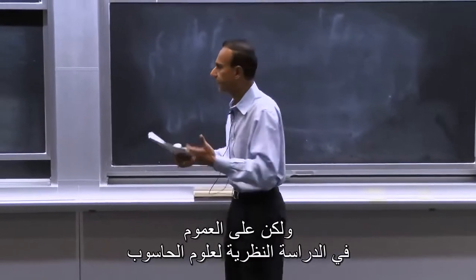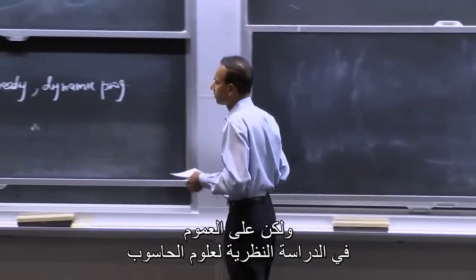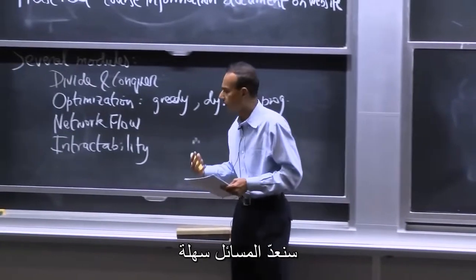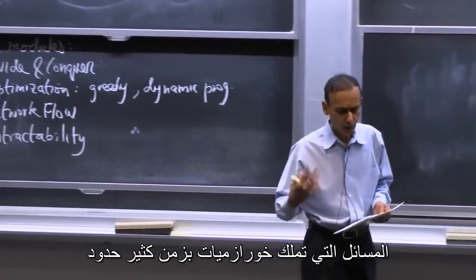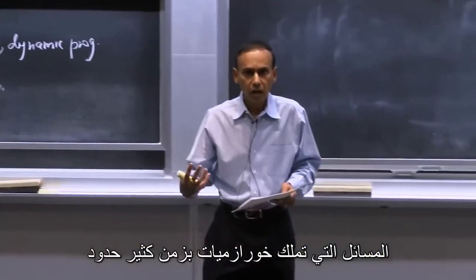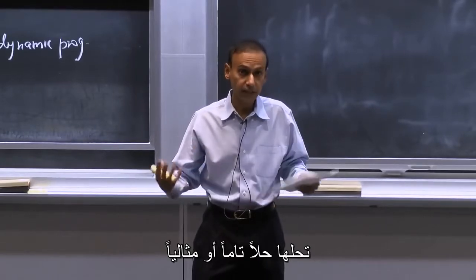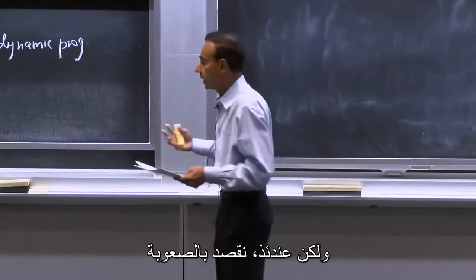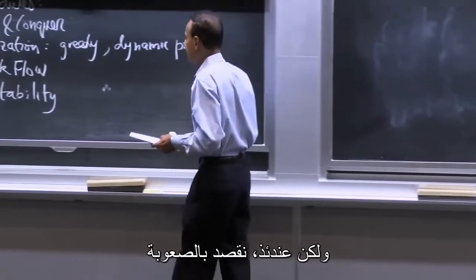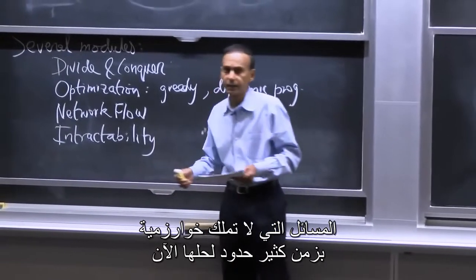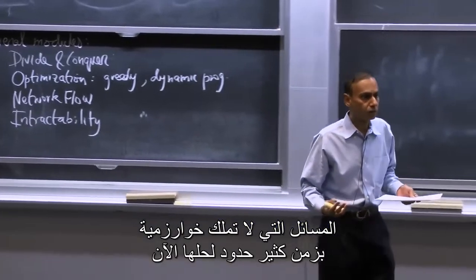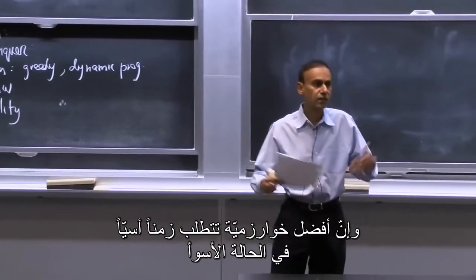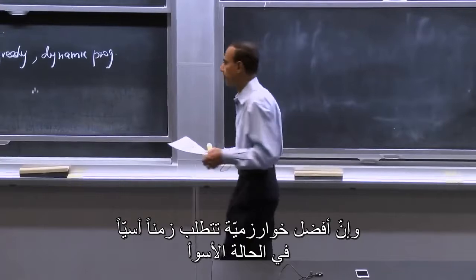But generally in a theoretical computer science class, we'll think about tractable problems as being those that have polynomial time algorithms that can solve them exactly or optimally. But intractability corresponds to problems that at the moment we don't know of a polynomial time algorithm to solve, and the best algorithms we have take worst case exponential time.